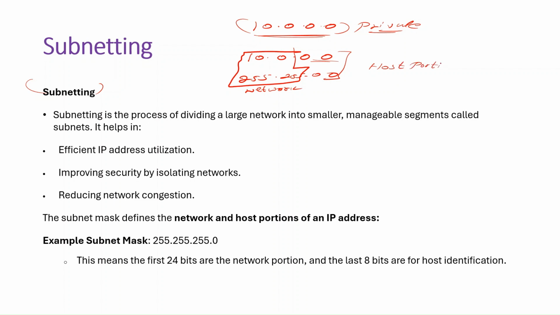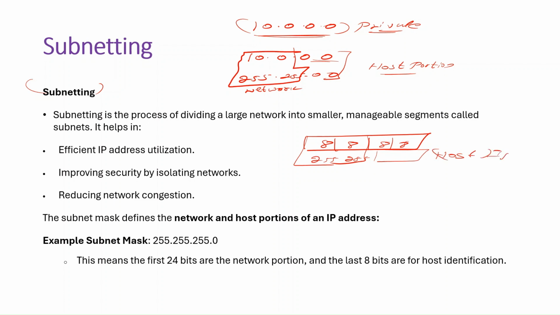So host portion is something we can use for assigning an IP address to one machine. Okay. So now what I will do is I will reserve this 16 bits. So consider now I have 8 bits per octet, 8 8 8 8. So I'm going to reserve these two octets. Okay. And then now I have only two octets which are free, that I can use for my system host IP address.